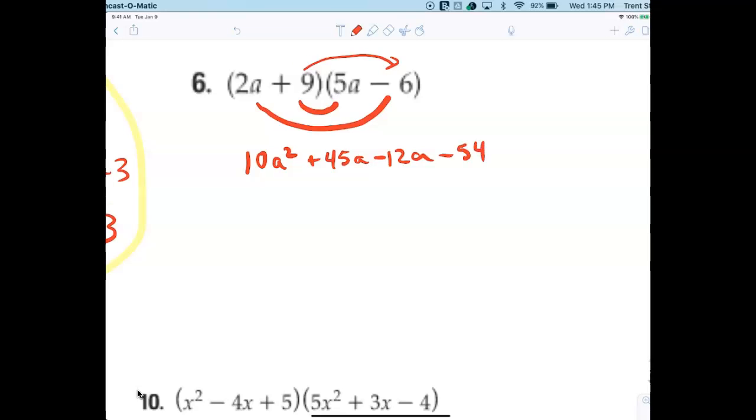And then the two middle terms, you will always be able to combine those. So your final answer, 10a squared, what? Plus 33a minus 54. Good job. Simple, simple, simple.